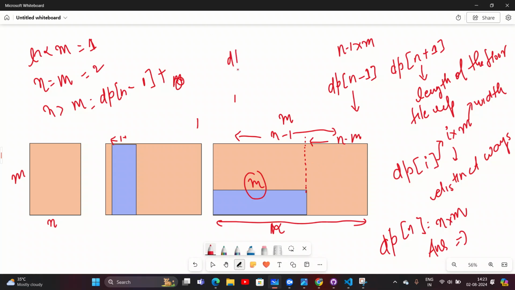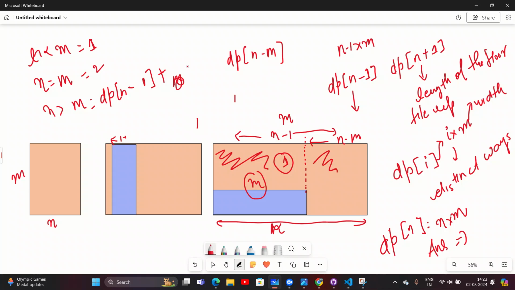So dp of n minus m is going to hold the number of distinct ways in which we can tile up this area. If we consider this portion, it will be filled in only one possible way, that is if we place the rest of the tiles in a horizontal way. If we try to place it in a vertical way, it is going to exceed the boundaries.